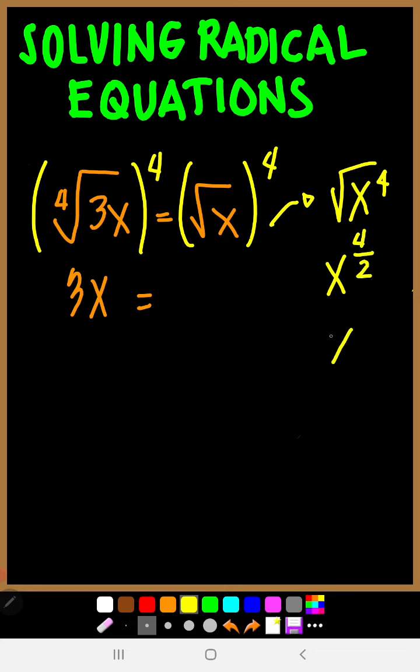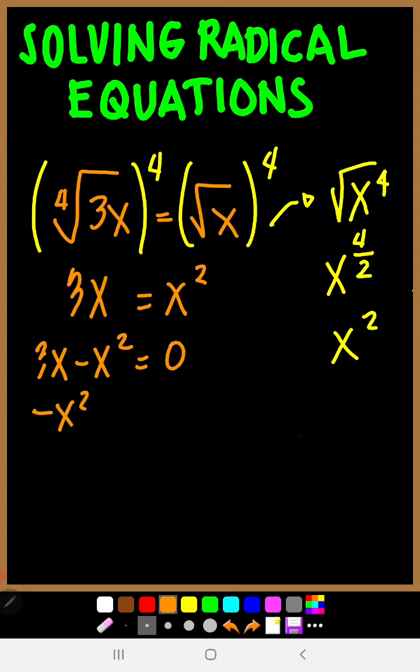So, therefore, magiging x squared na lang siya kasi 4 over 2. Okay? So, ito, magiging x squared na lang. Diba? Okay. And then, we just move them all to the left. So, 3x minus x squared is equal to 0, or negative x squared plus 3x equals 0.